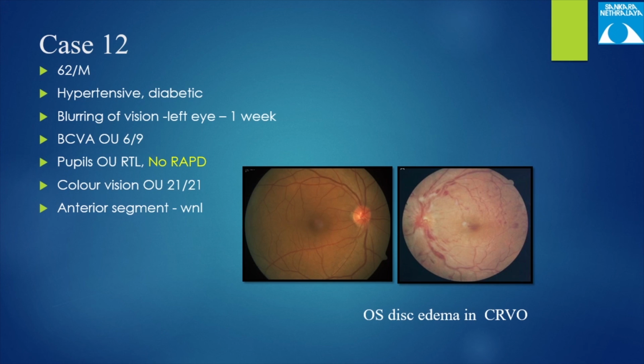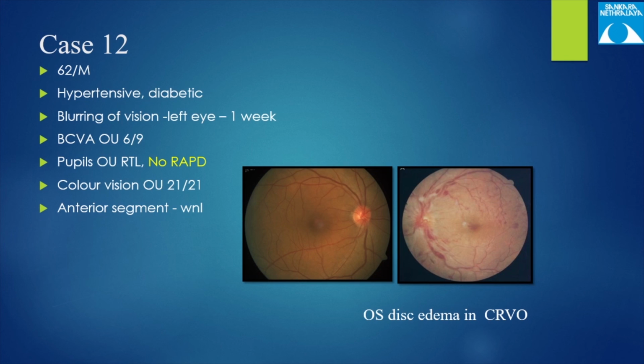So what all cases did we go through today for unilateral disc edema? Hypertensive CRVO can cause it. NAION, CRVO. Simple question: what all cases did I show you today?